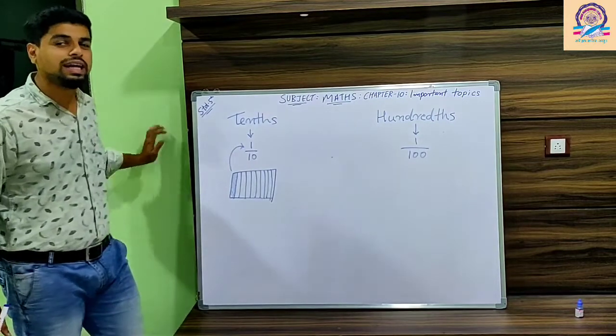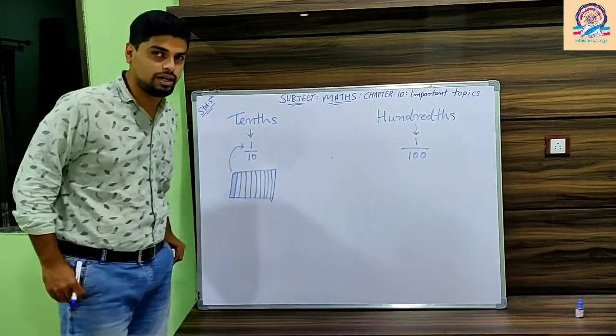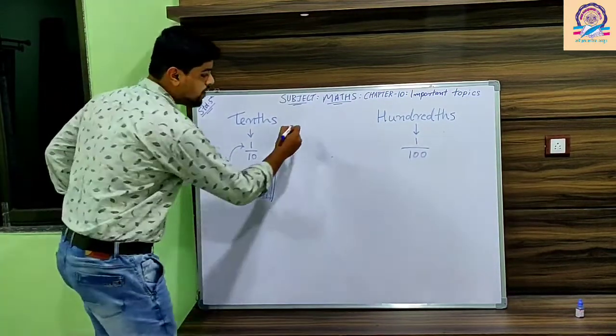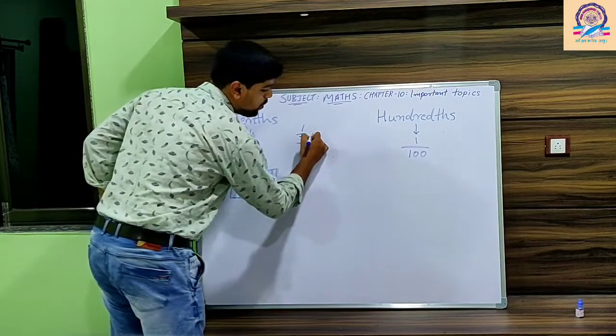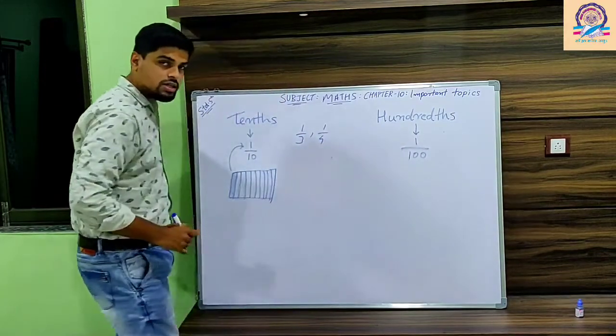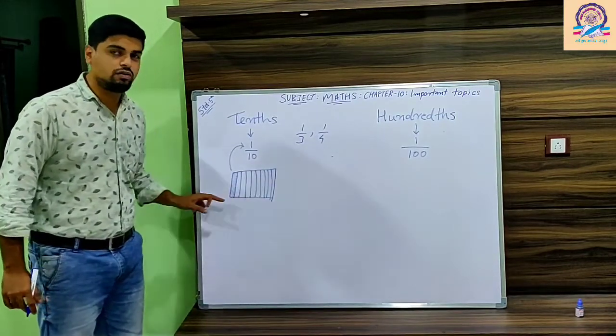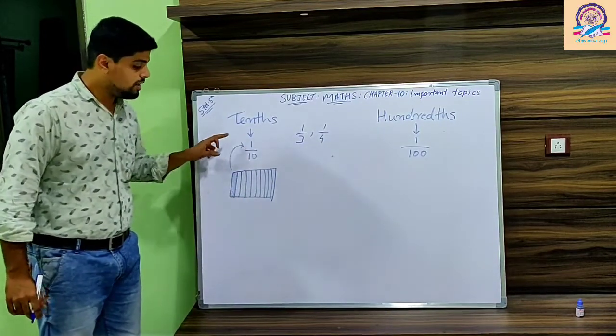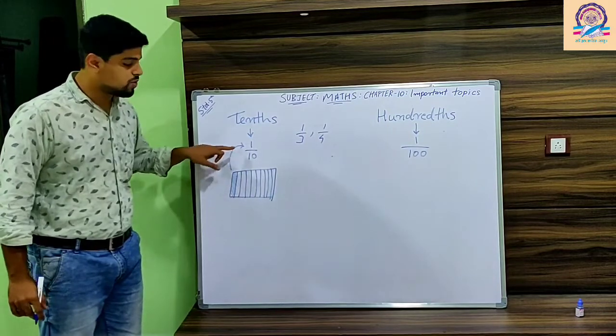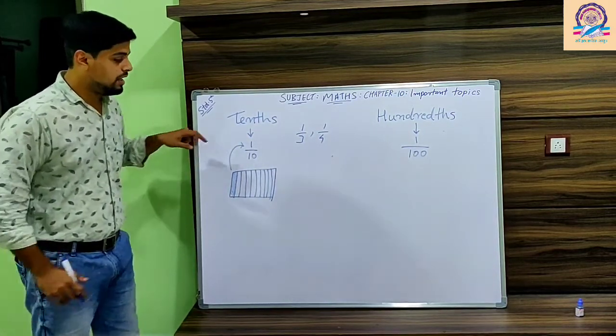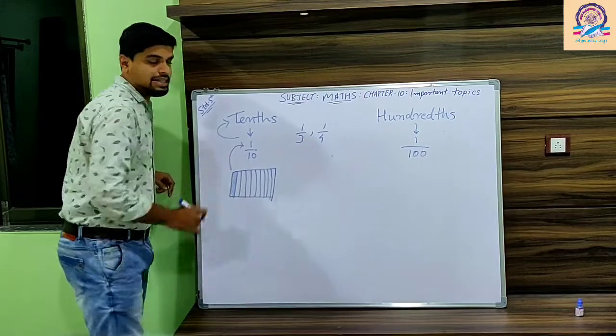Okay, we have already seen in our fraction chapter, isn't it? What is 1/3, what is 1/4, isn't it? Same way, if we make 10 parts of the entire whole, then one part of 10 is known as 1/10, or it is also known as tenths.